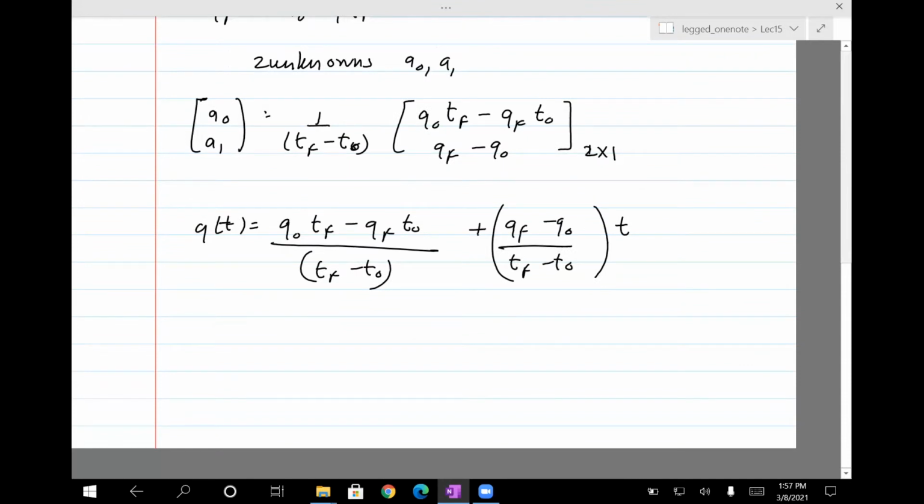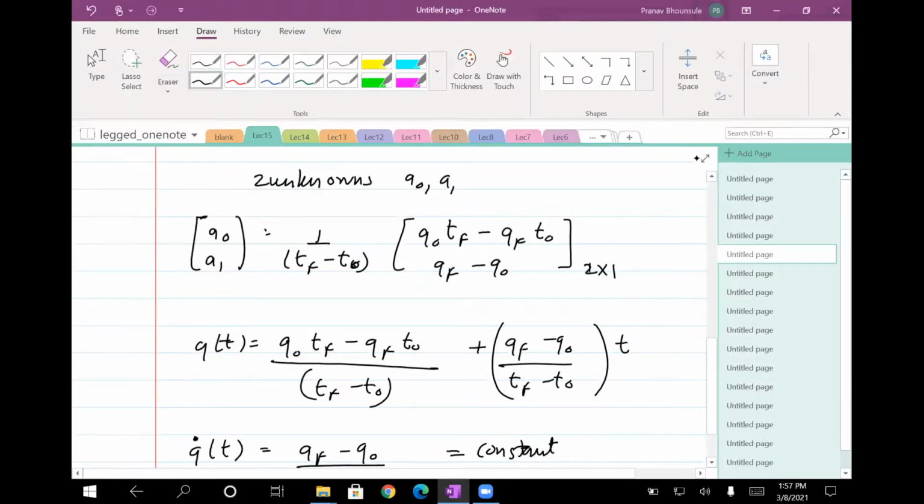If you now try to find the velocity, which is the rate of change of position, then the first term will clearly be 0 because it's all constant. The q0s and t's are all constant. So we get qf minus q0 divided by tf minus t0, which is a constant, and it's not surprising that we got a constant for the velocity. Now if you do a plot of q versus t, you'll see that's basically a straight line.